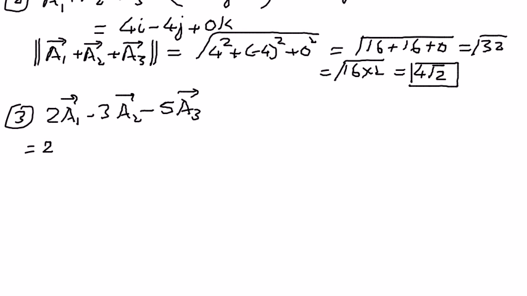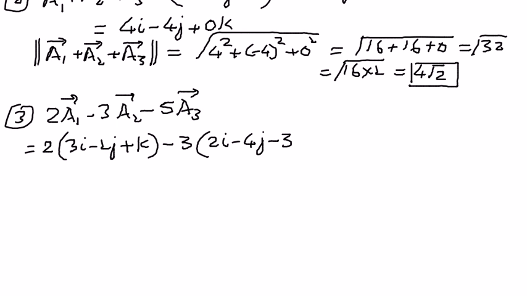So we can write this one as 2 times vector a1 is given to us as 3i minus 2j plus k, minus 3 times vector a2 is given to us as 2i minus 4j minus 3k, like that, and then minus 5 times a3 is given to us as negative i plus 2j plus 2k, like that.